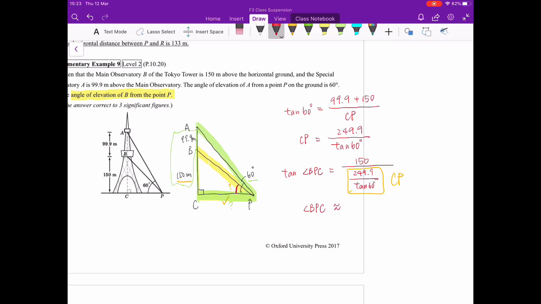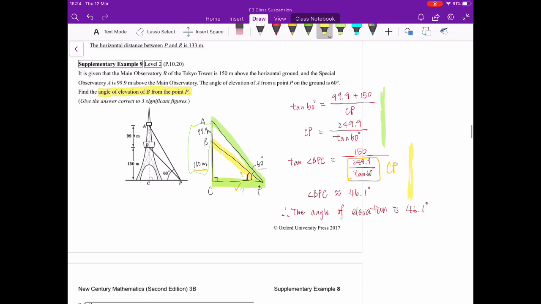You will find that the answer should be 46.1 degree. Therefore, the angle of elevation is 46.1 degree. Okay, once again, this part we use the green right angle triangle to find out CP first, and then this part make use of CP and the yellow right angle triangle to find out the required angle.